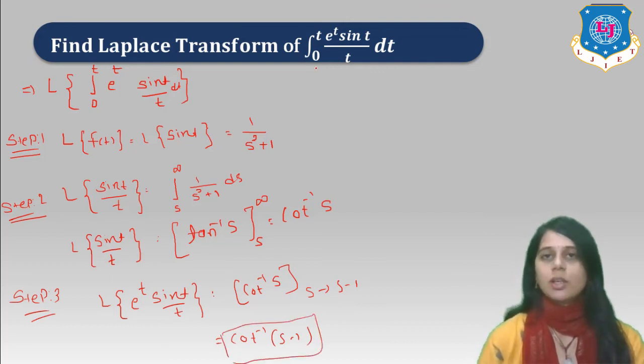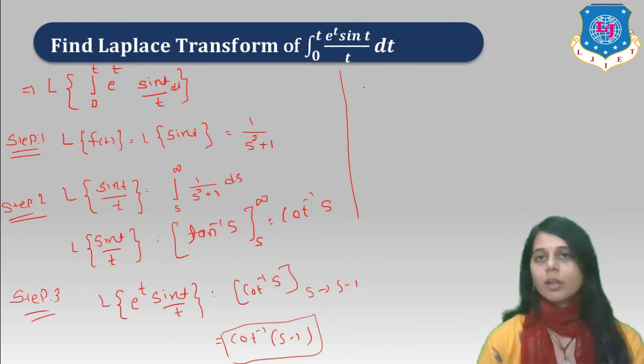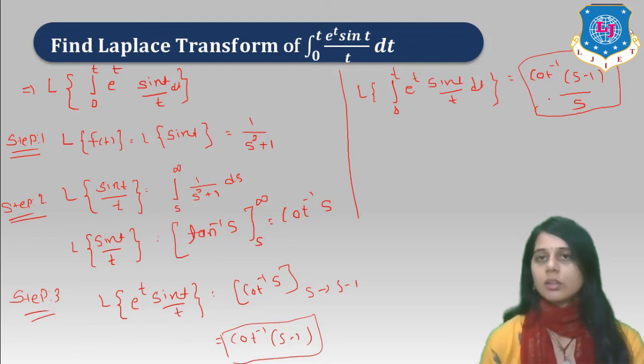Now the last step: Laplace of the integral from 0 to t of e^t sin t by t dt. So the answer is cot inverse (s minus 1) upon s. Due to the integral, we divide by s.